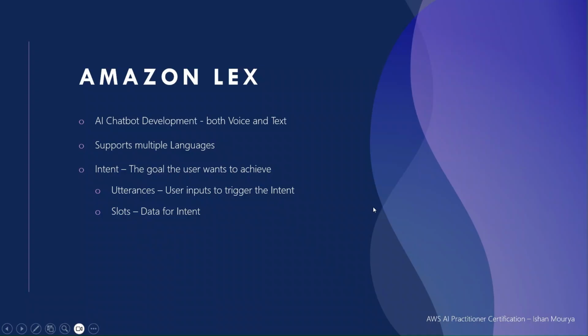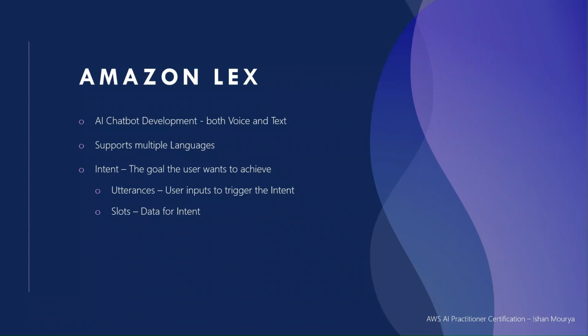Your intent might need some inputs from the user. In this case, let's say the user is asking to order flowers. They have to provide some details of what they want to order, like which flower they want to order, and maybe which day they want it to be delivered and at what time, right?